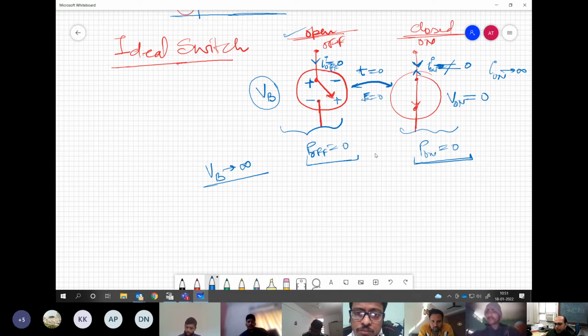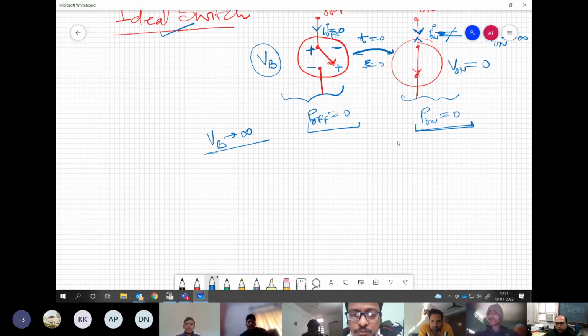These are the characteristics of an ideal switch. There is no time involved for transition. There is no energy involved for transition. You understand my point? Is that clear? Yes, sir.